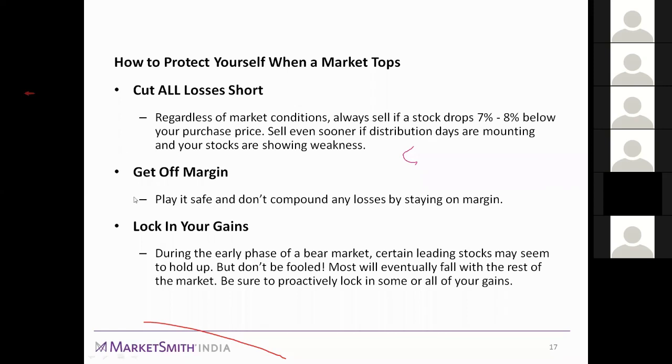After that, get off margin, play it safe, and don't compound any losses by staying on margin. This is very important, because once the market condition changes to correction, your stock also moves into correction, because most of the stocks which we are recommending are market leaders, and when the market is in correction, the market leaders actually fall more compared to other stocks.